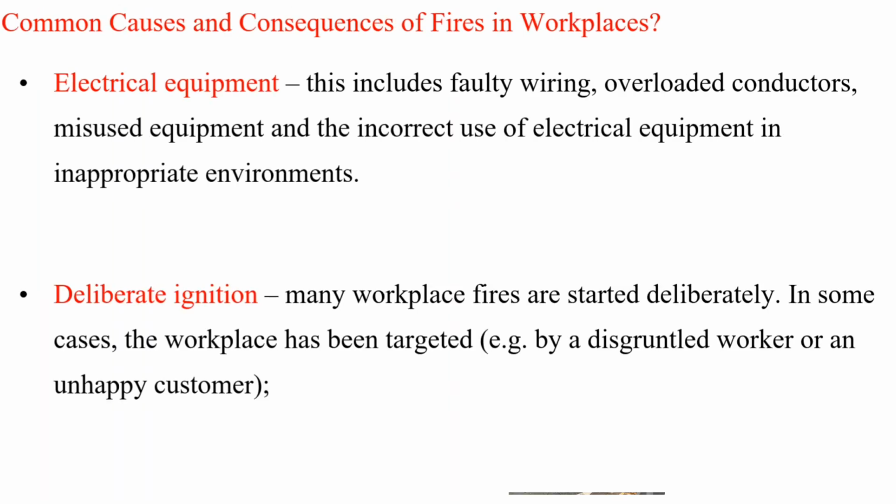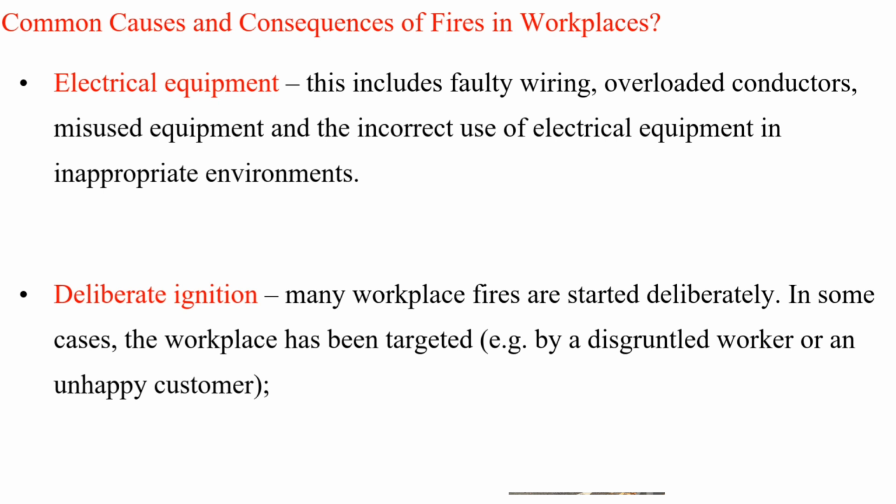Common causes and consequences of fires in workplaces. Electrical equipment. This includes faulty wiring, overloaded conductors, misused equipment and the incorrect use of electrical equipment in inappropriate environments. Deliberate ignition. Many workplace fires are started deliberately.